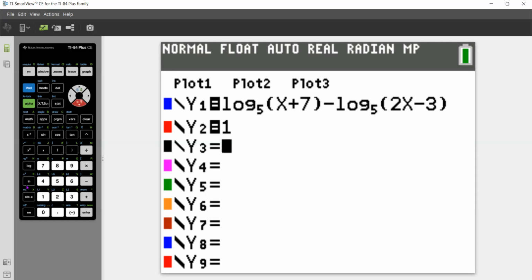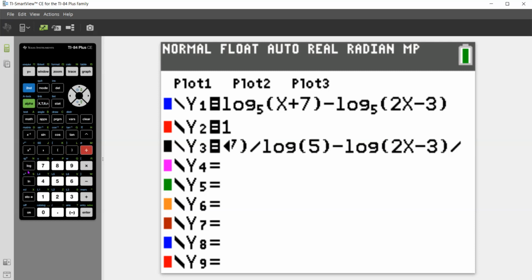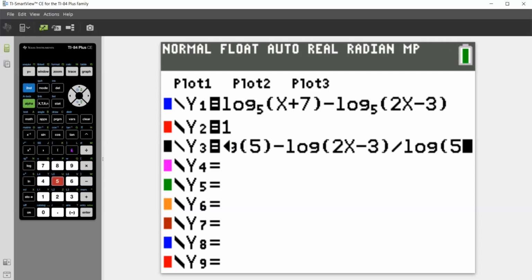You would say log of x plus 7, close the argument, divided by log of 5, close the argument, minus log of 2x minus 3, close the argument, divided by log of 5, and close the argument. You got to make sure you close the argument.